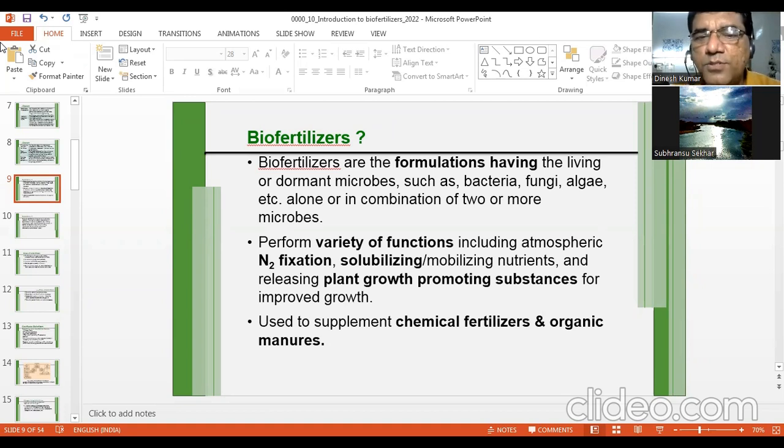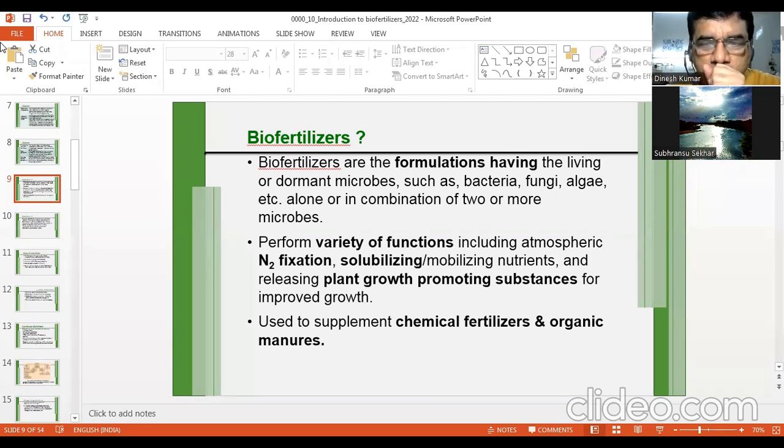There is a difference between solubilizing and mobilizing. Solubilizing means the nutrient was in a fixed form, an insoluble form, not in available form. To make it available, certain microbes solubilize that unavailable form, maybe organic form, maybe inorganic form, minerals, etc. That is solubilization, making it available.